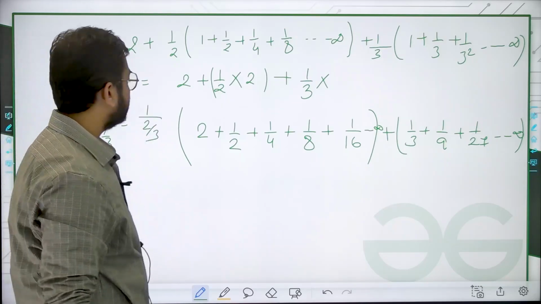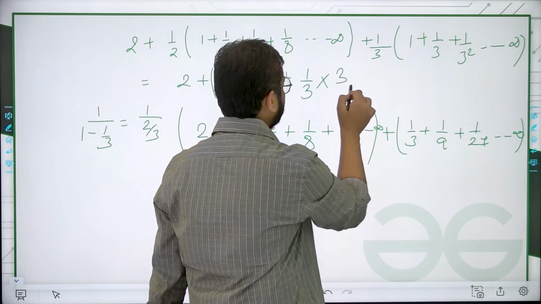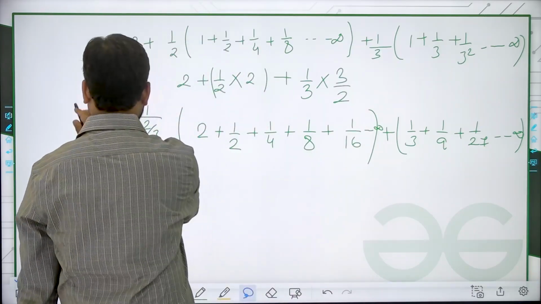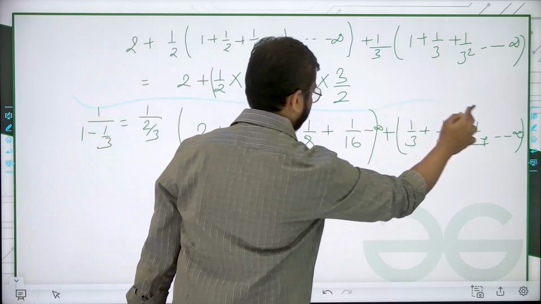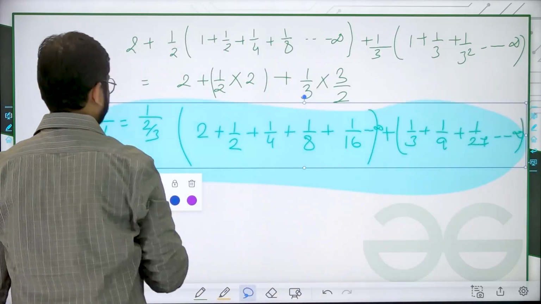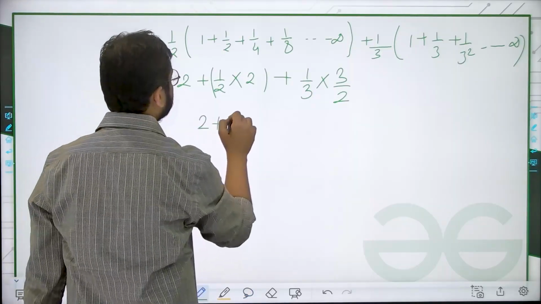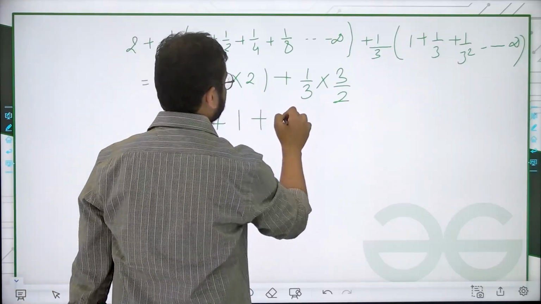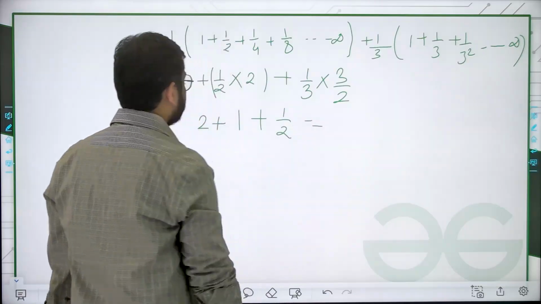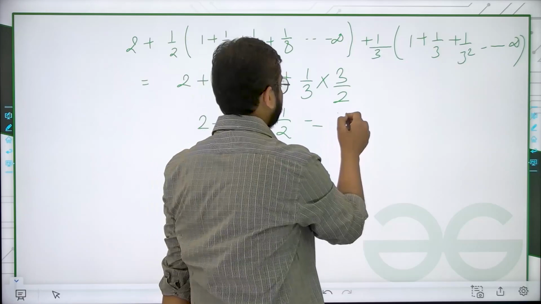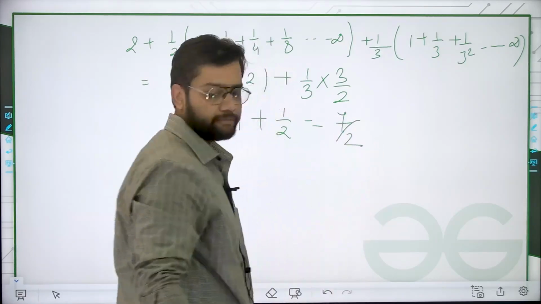That will be equal to 3 by 2. So this will be equal to 2 plus 1 plus 1 by 2, which is equal to 4, and 4 to 6 and 7 by 2. So the answer is equal to 7 by 2.